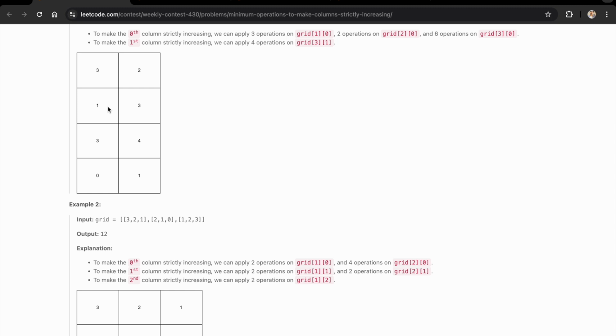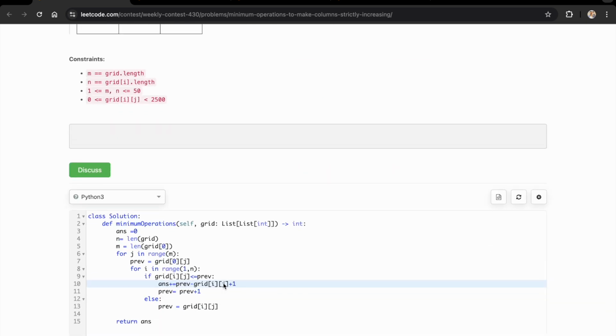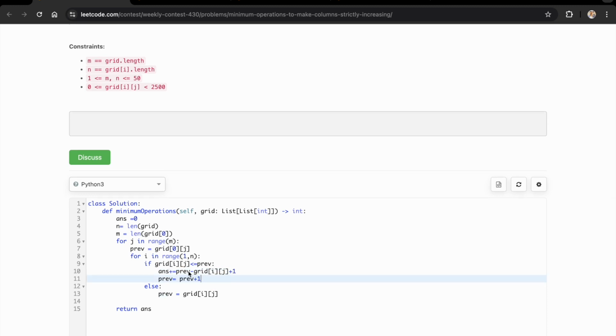We need 3 minus 1 plus 1, which is 3 operations to make it 4. So previous minus grid[i][j] plus 1, and now previous becomes previous plus 1, so previous becomes 3 plus 1, which is 4. Else, if the condition is satisfied, like previous is 3 and we are at 4, then we don't need to do any operation, and previous is updated to grid[i][j].